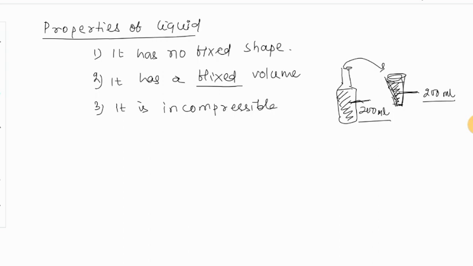Incompressible means its volume will not change appreciably with applied pressure. Initially, let's say its volume was V1, then after applying pressure, it will remain V1 as well. Before and after applying pressure, volume remains nearly the same. Not always exactly the same, but nearly the same.